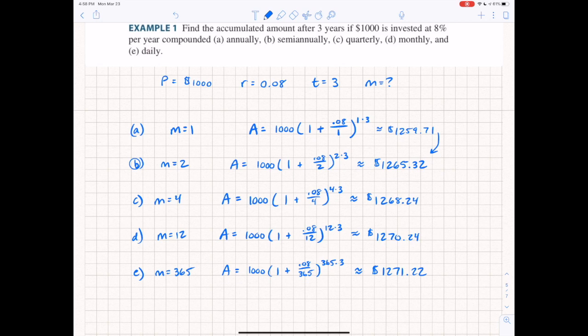You see this with APYs for credit cards, so annual percent yield and things like that, or average percent yield. And then we're also going to look at the present value, and that's where we'll end in terms of some of the applications. So in the remaining sections, we'll look at some more finance applications, and hopefully they will help you later on in understanding some terms when it comes to credit cards and loans, mortgages, and things like that.